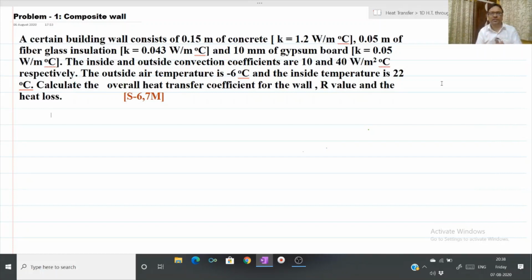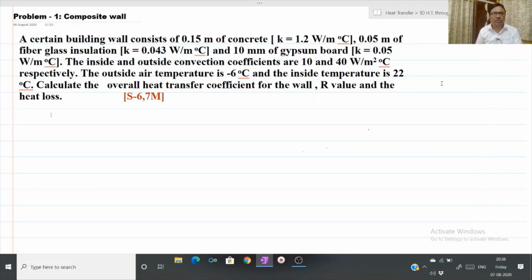gypsum board layer. So the wall under consideration can be treated as a composite wall because it is made up of three different materials: concrete, fiberglass insulation, and then gypsum board.